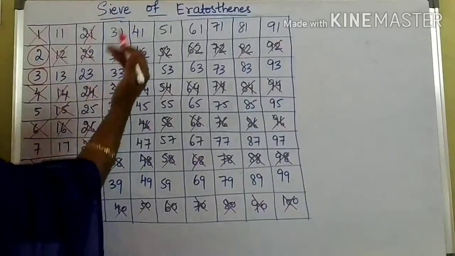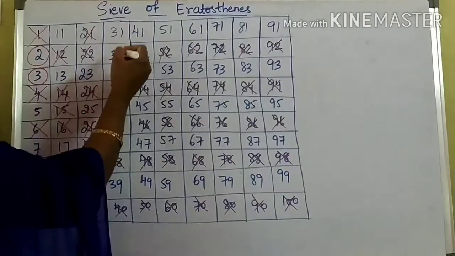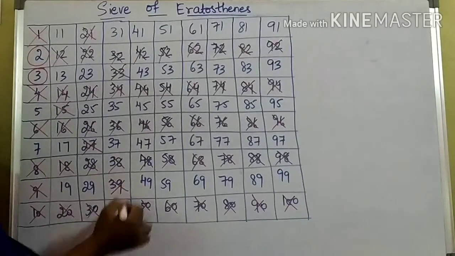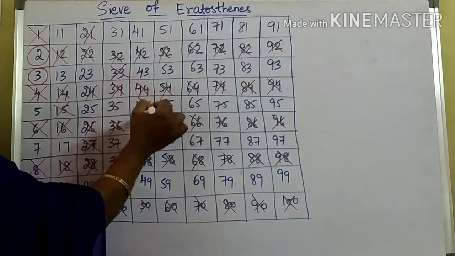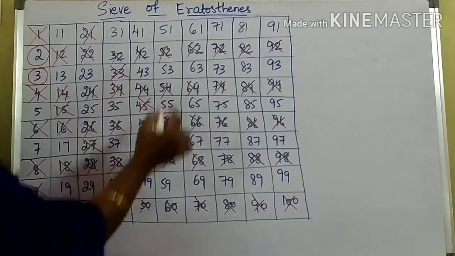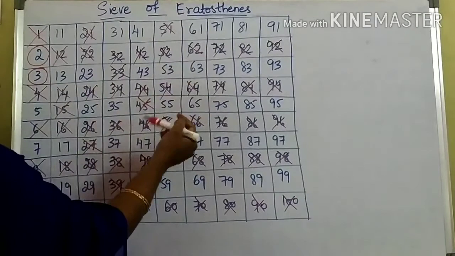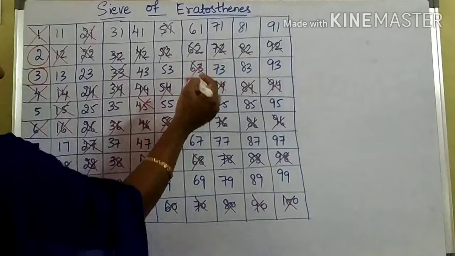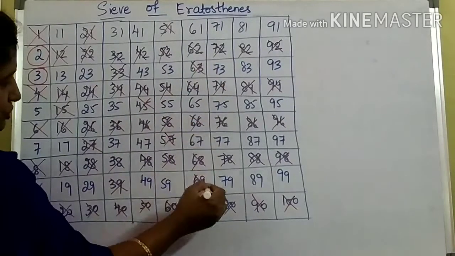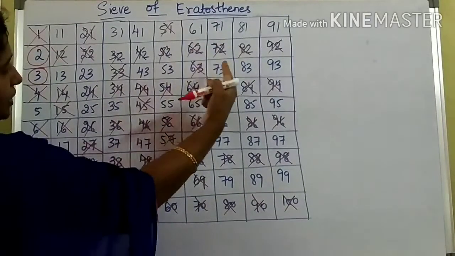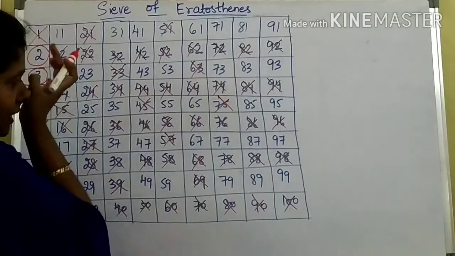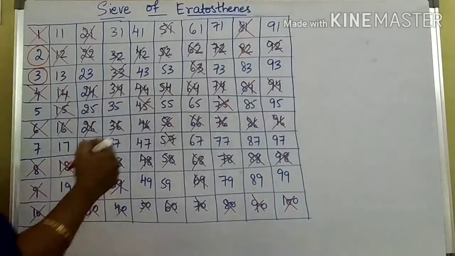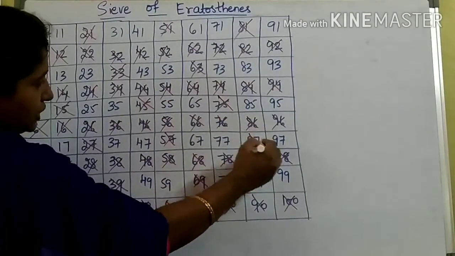Next, you can count and strike out every third number, children: 33, 36, 39, and so on, continuing up to 75, 81, and 87.